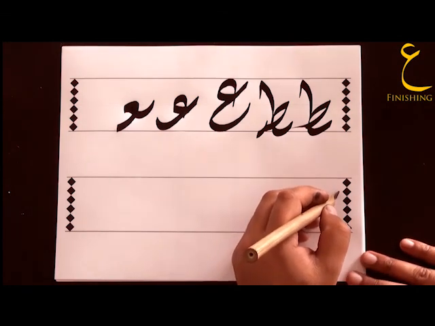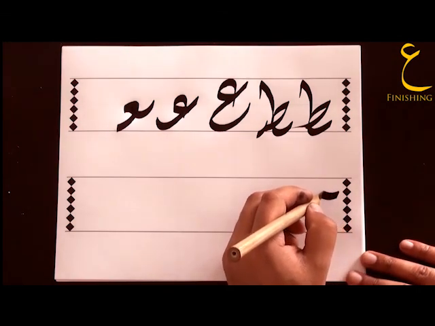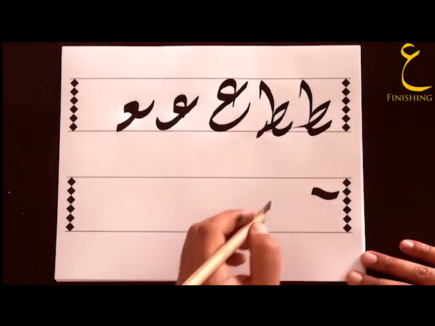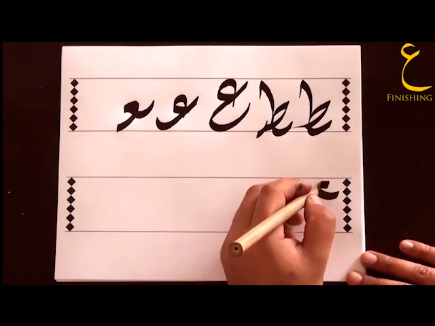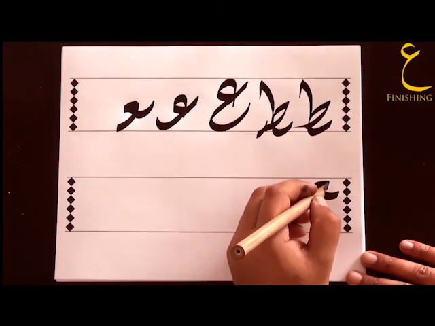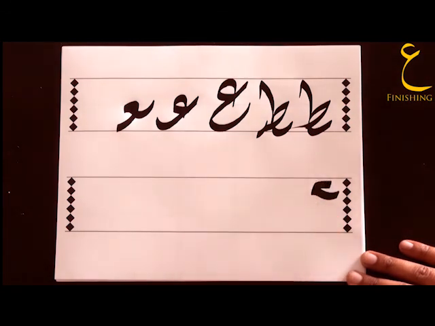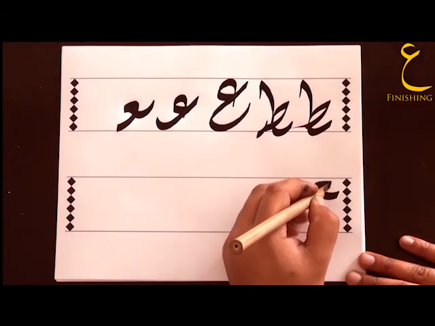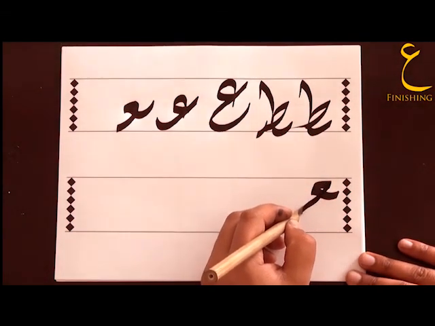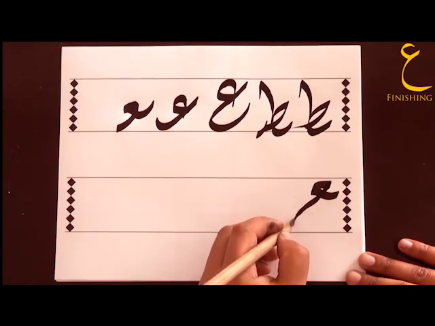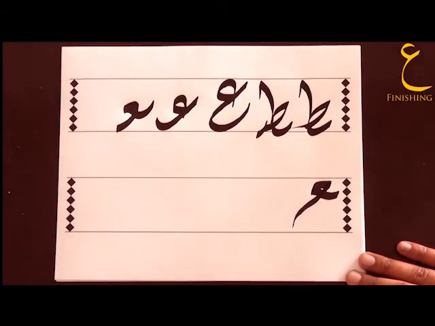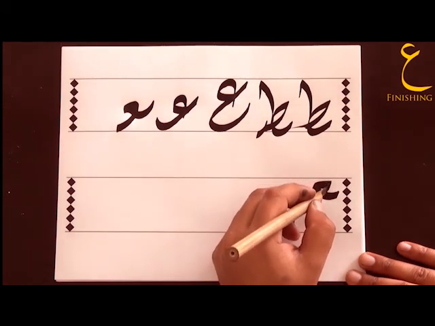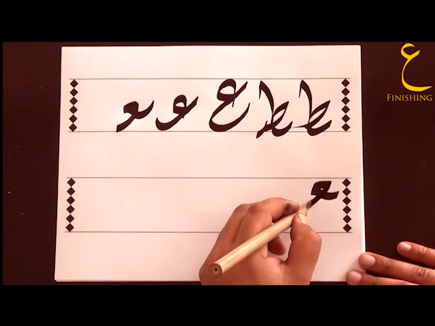When Ain appears at the end of a module, it is a combination of the middle letter Ain and the tail end of the individual letter Ain. Just gonna go over this one more time.